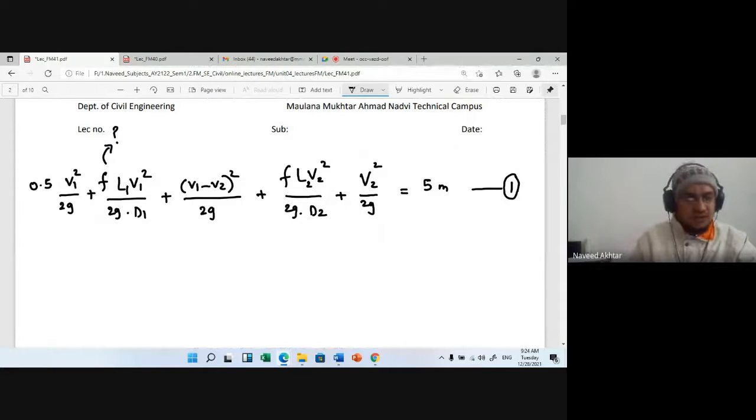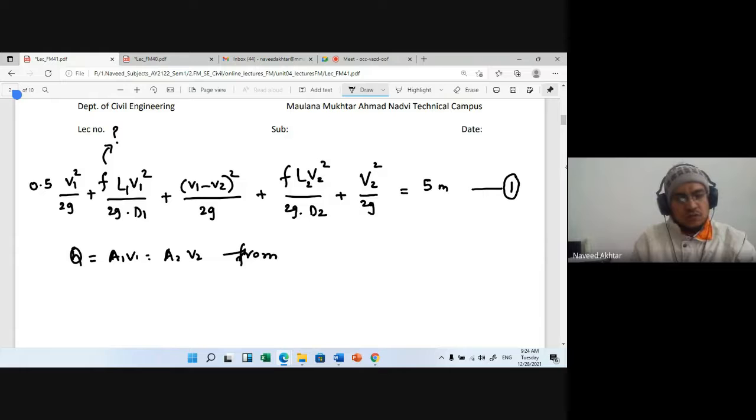And then we know from the continuity equation that Q is equal to A1 V1 is equal to A2 V2. We know that the discharge is the same for pipes in series.